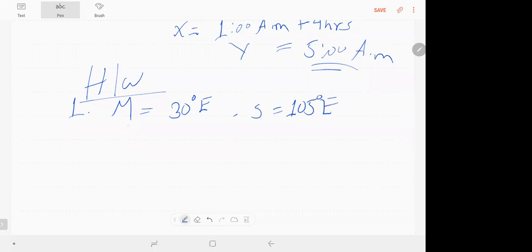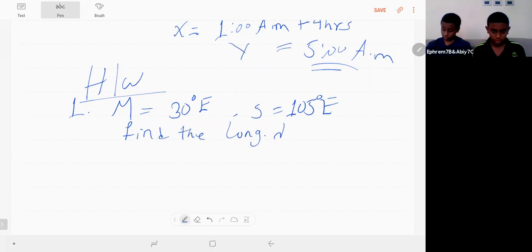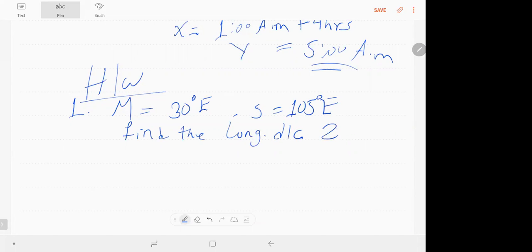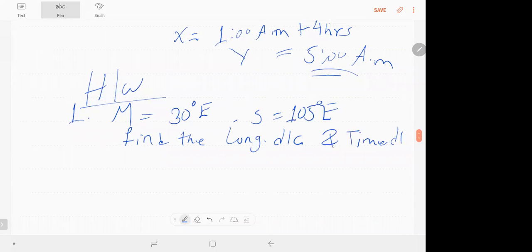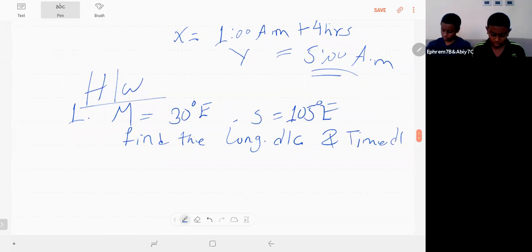Then find the longitudinal difference and time difference. This is for you to practice at home, okay?